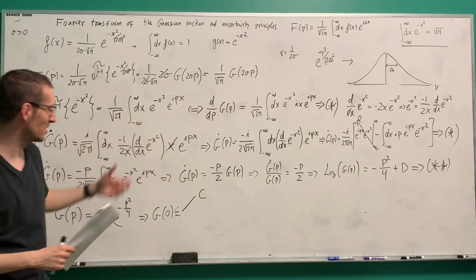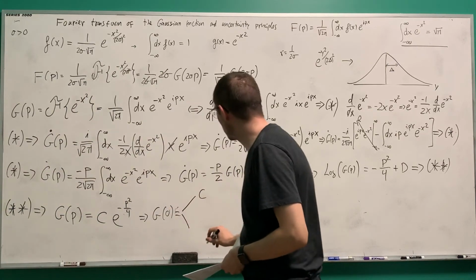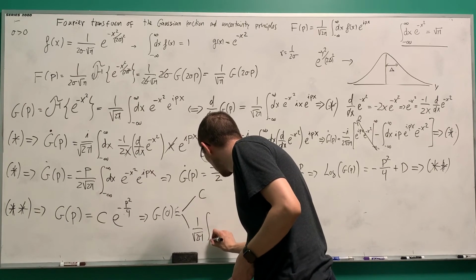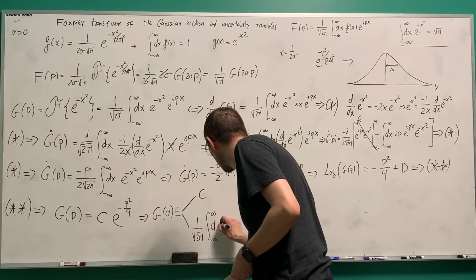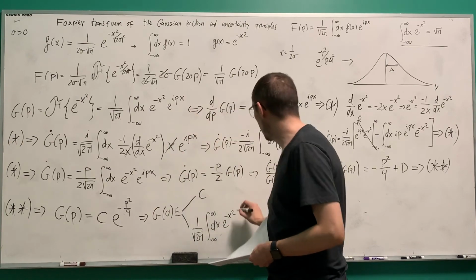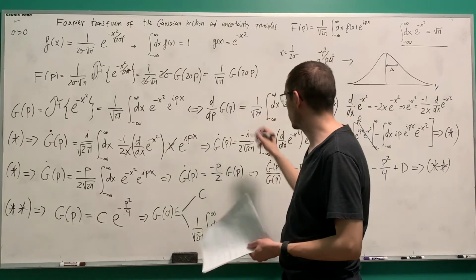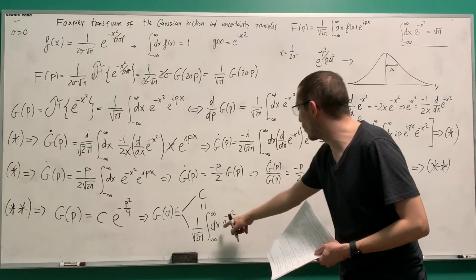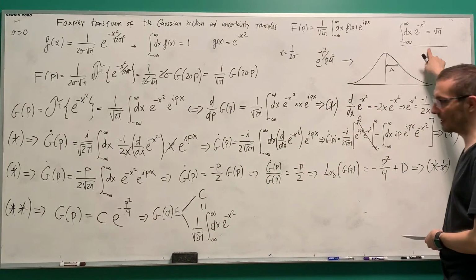So writing the definition with the Fourier transform, we get that this is equal to 1 over root 2 pi, integral from minus infinity to infinity dx e to the minus x squared e to the i 0 x, so 0, which is 1, that's just an integral. So these two things are the same. And I know what this integral is because that's the help that I was given.